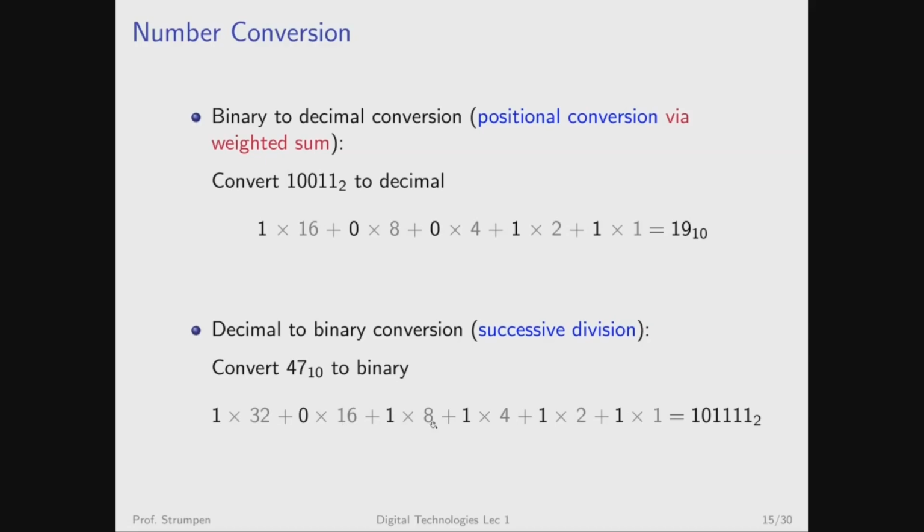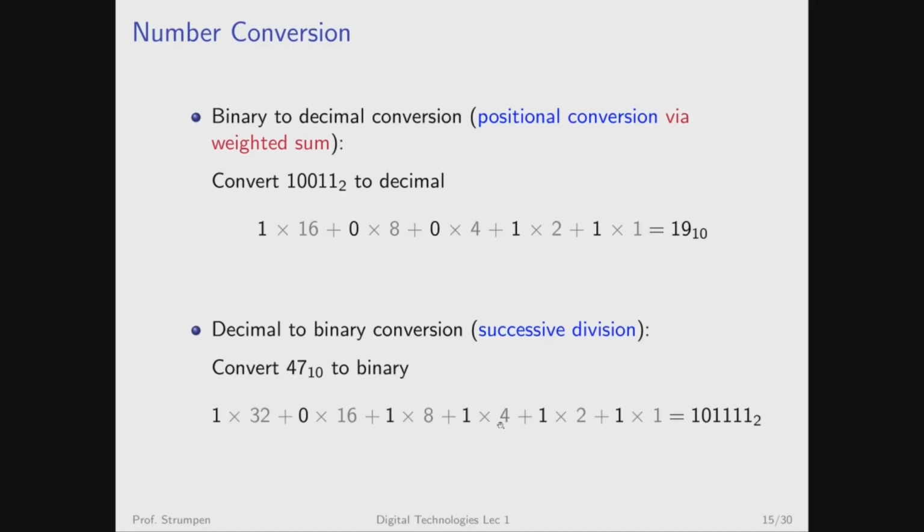The next smaller power of 2, 8, fits into 15, however. So we have a 1 for 8, and the remainder of 15 divided by 8 is 7. The next smaller power of 2 from 8 is 4. 4 is less than 7, it fits.